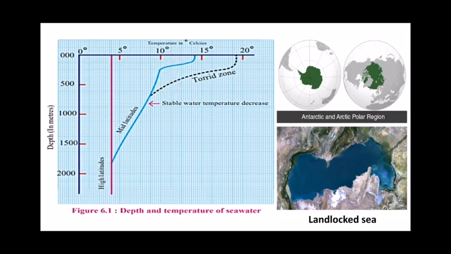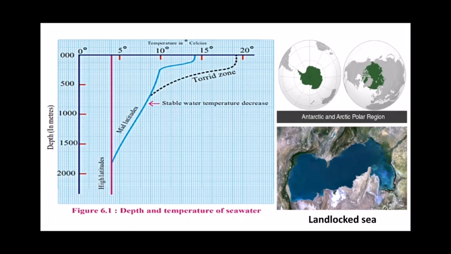Next question. What is the temperature of seawater at the sea level in the mid latitudes? Now, you can see the mid latitudes with the blue color. So what is the temperature? The temperature of seawater at the sea level in the mid latitudes is around 14 degree Celsius.